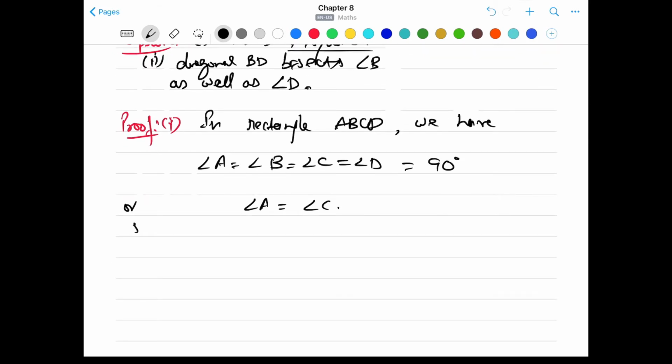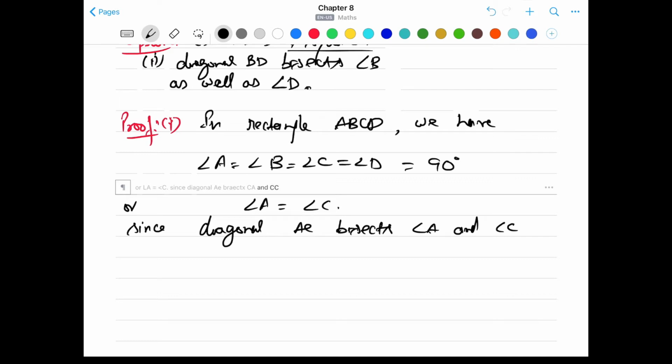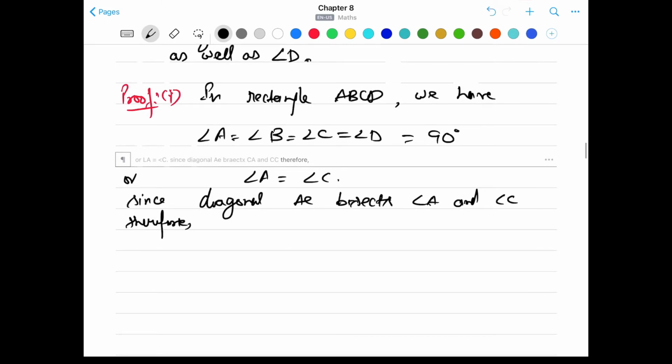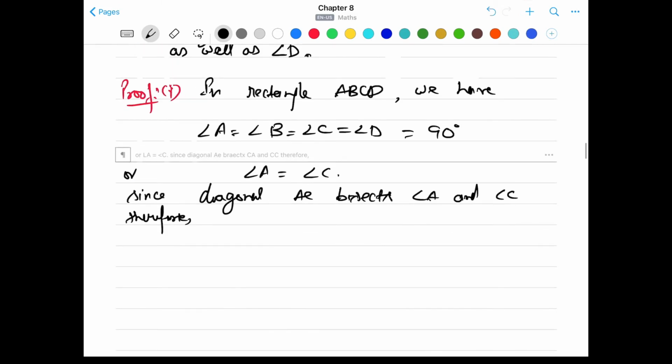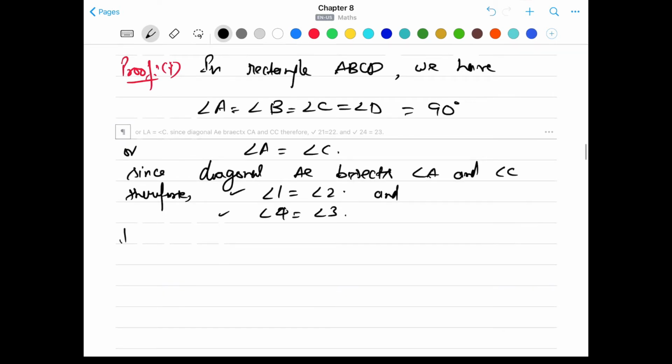So we'll write, since diagonal AC bisects angle A and angle C, therefore angle 1 will be equal to angle 2, and angle 4 will be equal to angle 3. Okay, and they are the half of the angle. These are the half of angle A and these are the half of angle C.